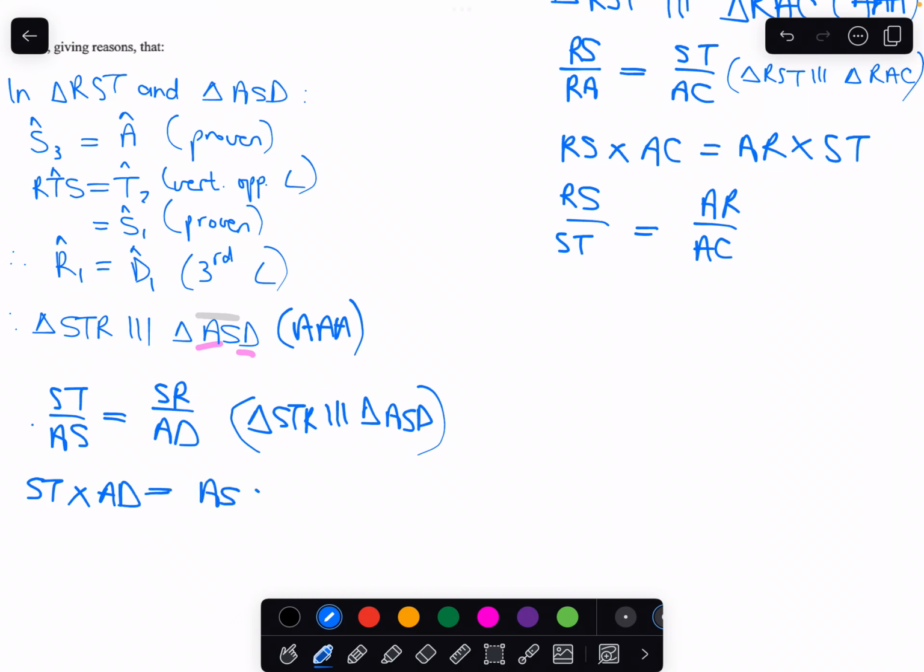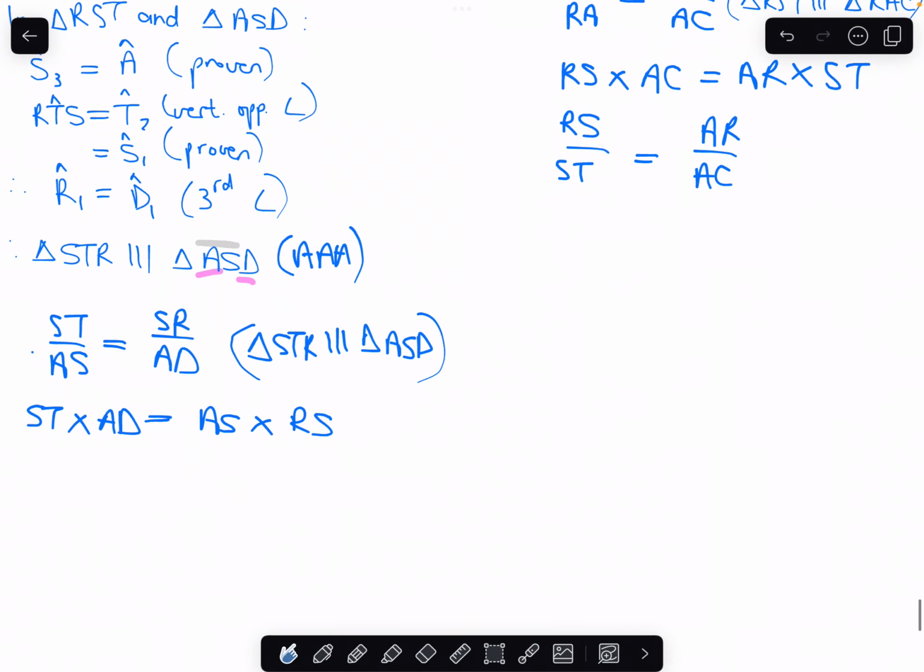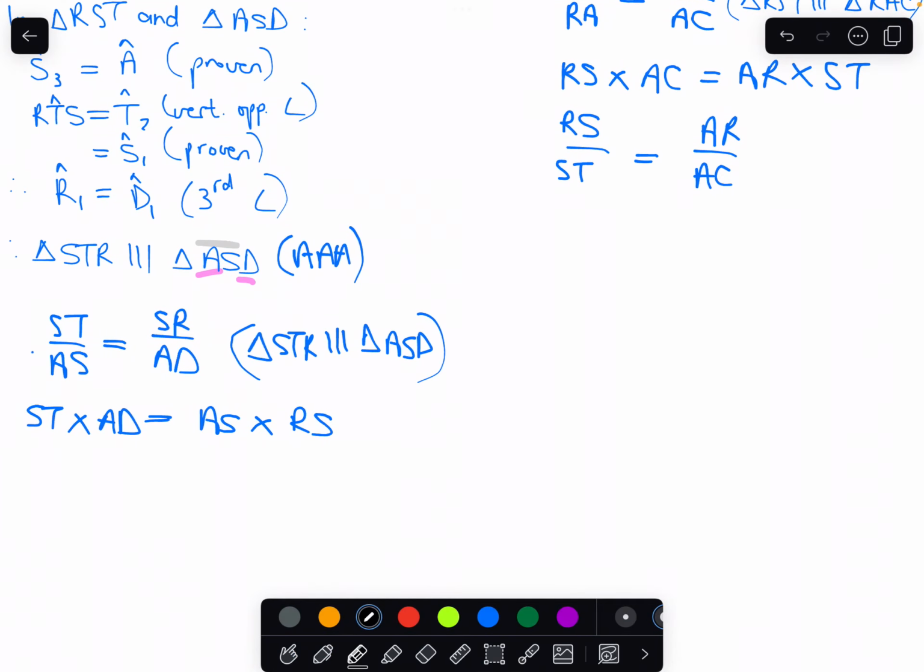So that is AS times, and this one I'll just rewrite as RS. Okay, and then if we divide both sides by ST, so we want ST at the bottom, and then that'll get the ST to the bottom here.